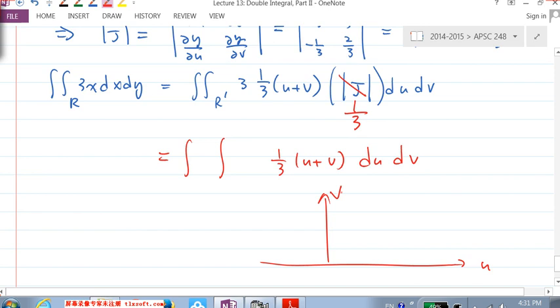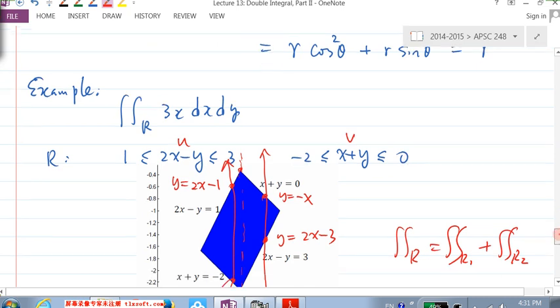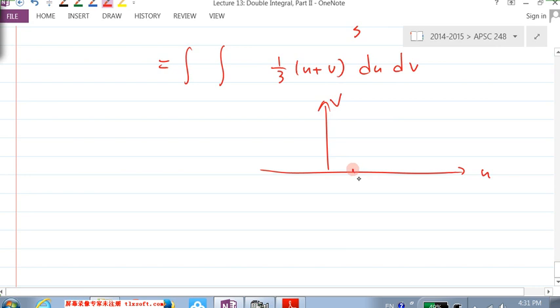And what does this new region R prime look like now? U is between 1 and 3. V is between -2 and 0. So it's actually what? U is between 1 and 3, and V is between -2 and 3. So what does it look like?